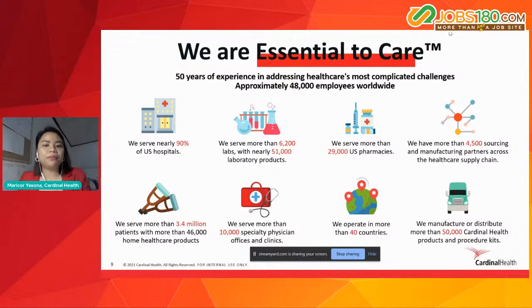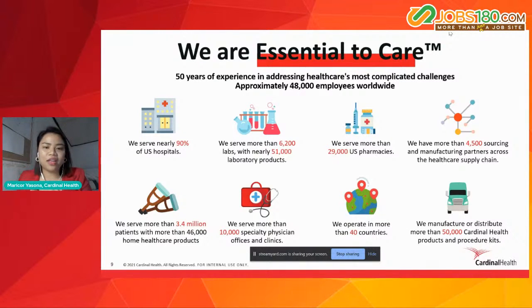Because our global footprint is growing steadily, we opened our office in Bonifacio Global City, Taguig in August 2016 to accommodate our growing number of employees who coordinate with customers, patients, and across the globe. In recent weeks, in the midst of the new quarantine, I think everyone can relate, the word essential has become a buzzword, but that is what Cardinal Health is: essential to care.